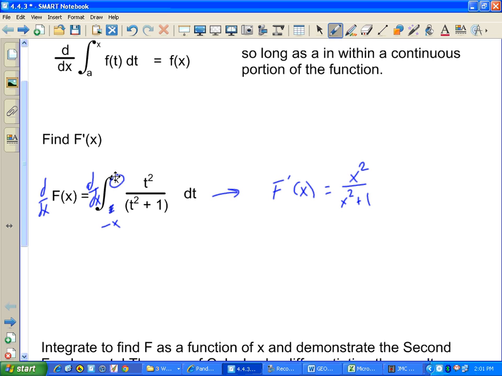If, however, this is not x, let's say this was x squared, all you really need to do then is change this to something that's a variable to the first power. So we're going to define u as being x squared. So then what we've got is from 1 to u of this thing.